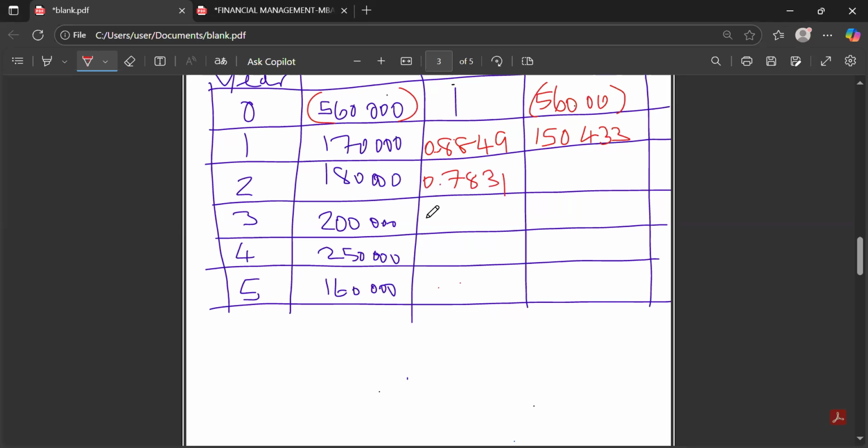Okay, give me the other one, the discount factor for the other one. 0.6931. Yes. Okay.